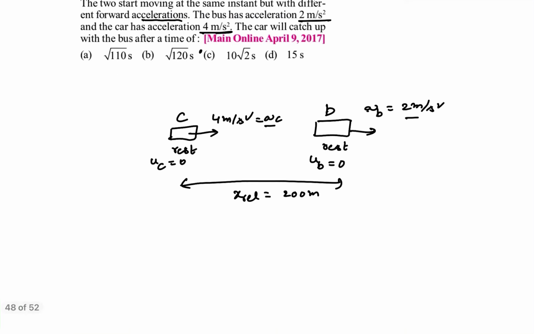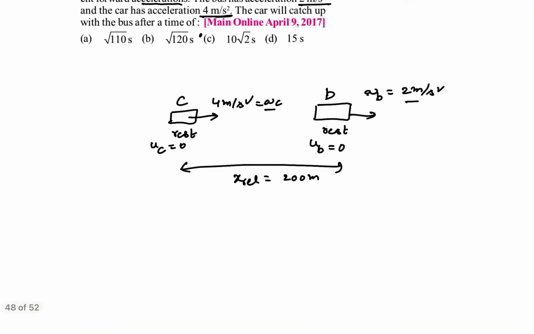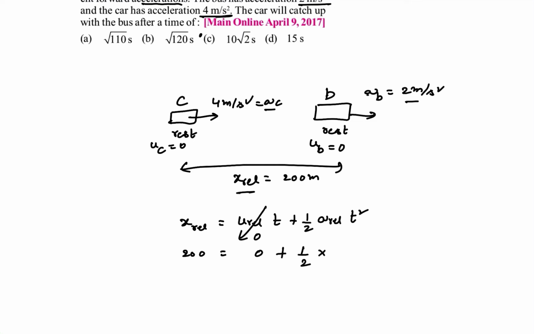Now as both are accelerating, you need to calculate at what time they will catch. So you need to write the x-time relation. x relative is equal to u relative into t plus half into a relative into t square. x relative is 200, u relative is 0, so we write 0 plus half into a relative, which is 4 minus 2, that is 2, into t square. The value of t you don't know.